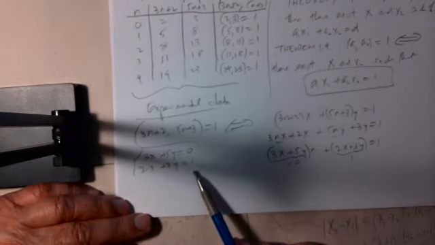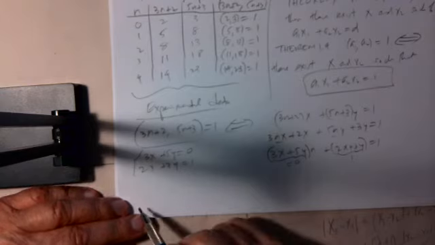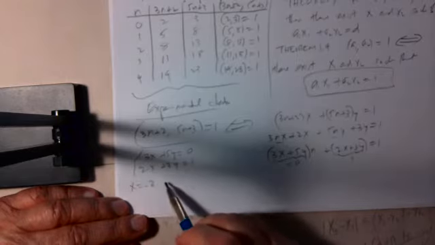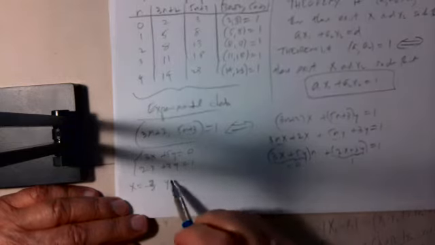Well, now this is reduced to high school algebra. This is two equations and two unknowns. And you should know how to solve that. So I'll leave it to you to solve it. I'll just tell you what the unique answer is. If you take x equal minus 3 and y equal 2, this is solved.